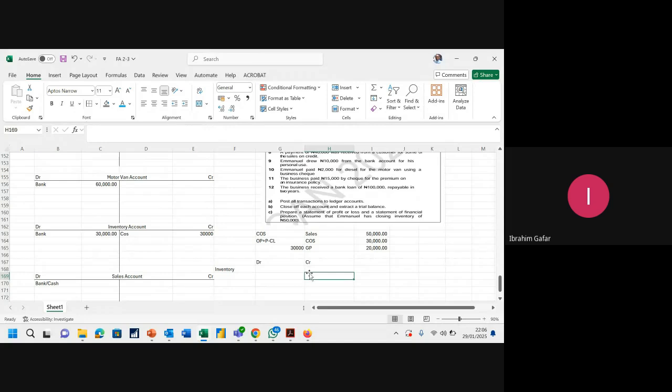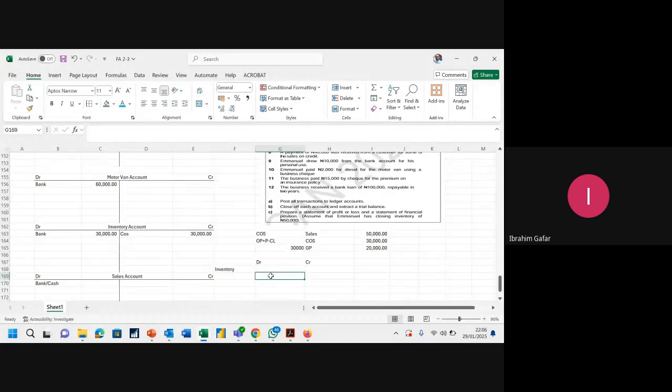Once you agree, in your book your inventory is showing 30,000 naira. That's what you bought it for, right? Now, for you not to create issues in this inventory account, you debit your cost of sales. This cost of sales is what will bring this value, because this inventory is in your balance sheet, back to your profit or loss account.